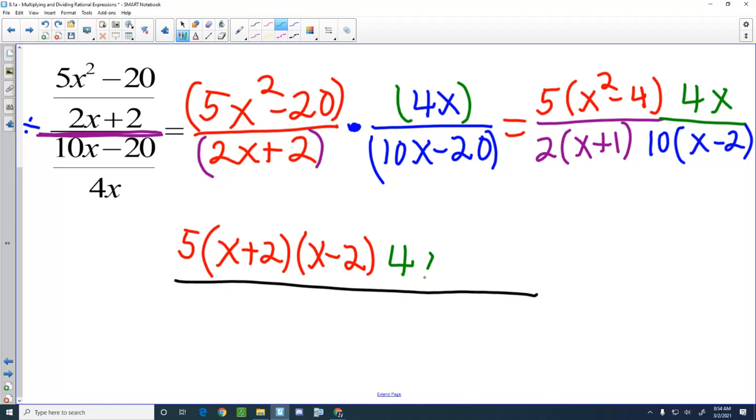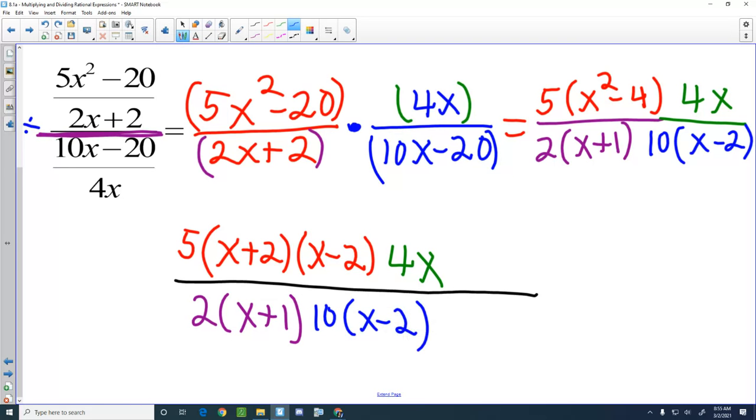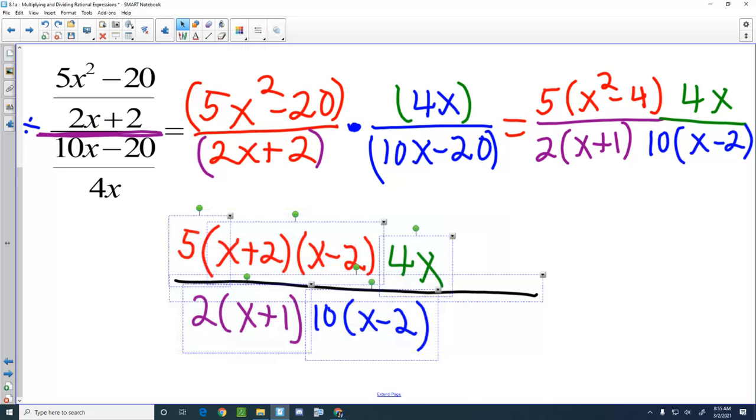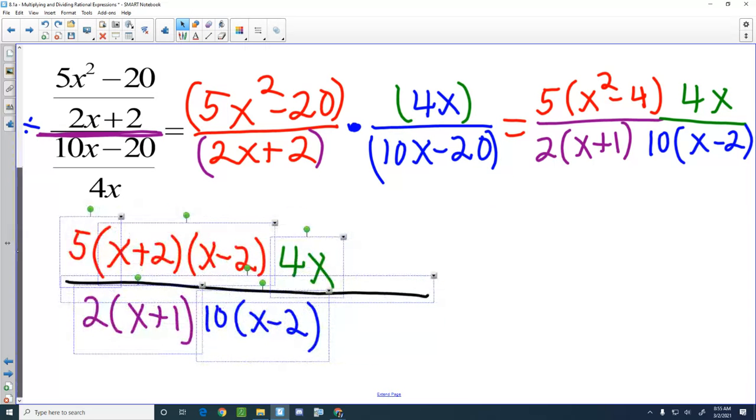And then that 4x, 2x plus 1, 10, x minus 2. Let me move that up for you.